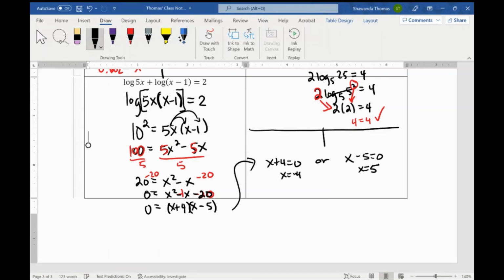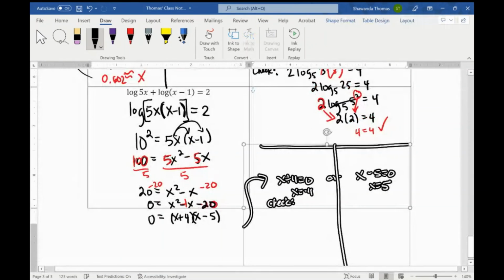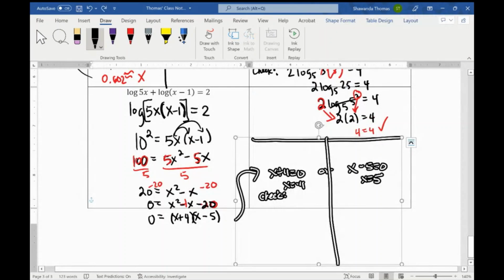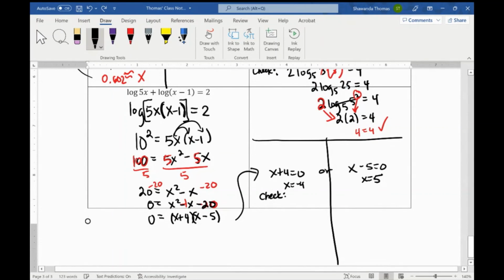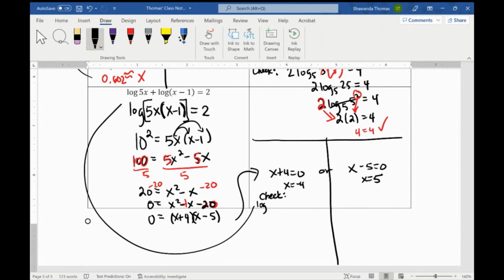But let's check. All right. So let's check when x equals negative 4. We have log, and I'm looking at the original right now, of 5 times negative 4. So that's already a problem because see, 5 times negative 4 is negative 20.